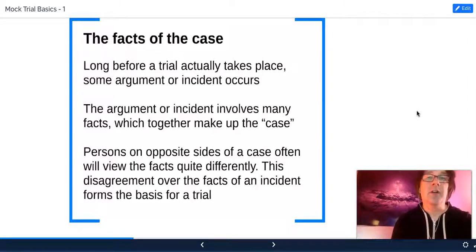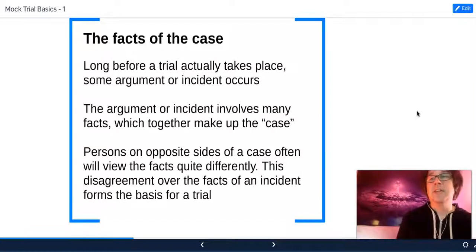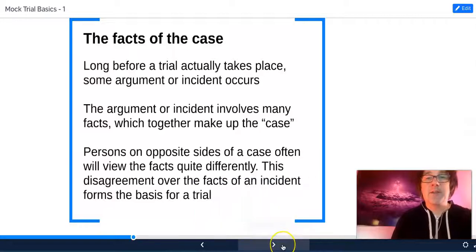If you remember, our system is an adversarial system of criminal justice. So we have two sides presenting two different cases, or two different interpretations of the facts of a case, and it's left up to a trier of fact, which in most cases is the jury, to render a verdict, basically to decide whether the defendant is guilty or not guilty.